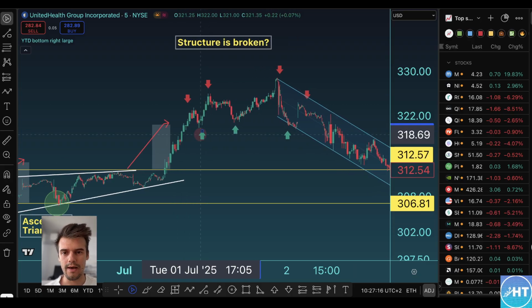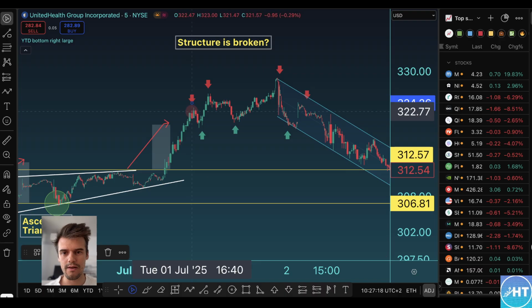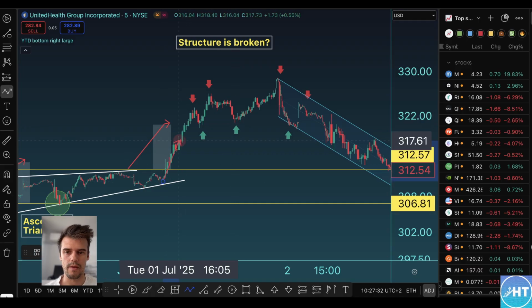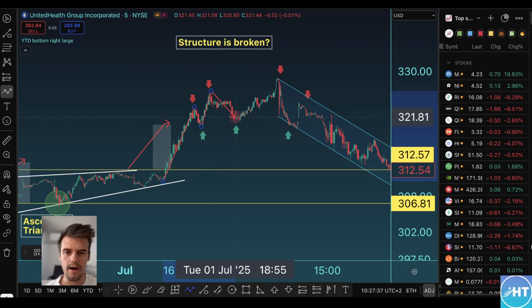Let's talk about it. We had the first high right here with the first red arrow, then the next low right here, the green arrow, the next high, this red arrow, the next low, this green arrow. You can clearly see the market structure: higher low, higher high, higher low, and one more higher high.